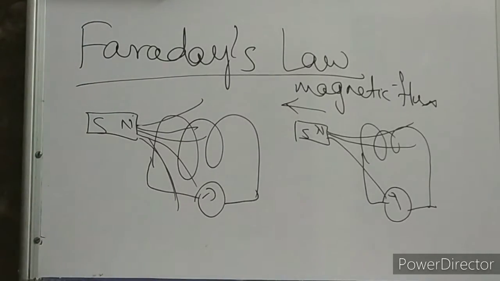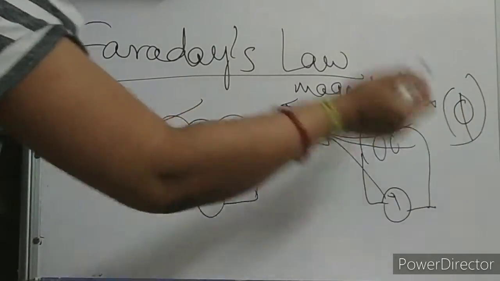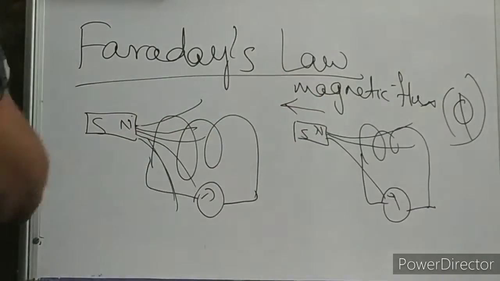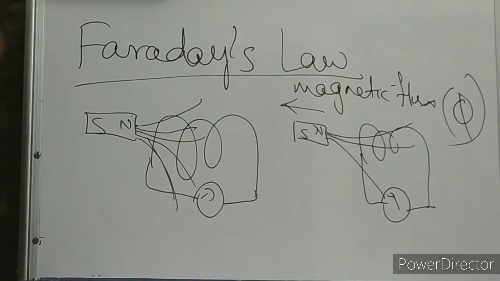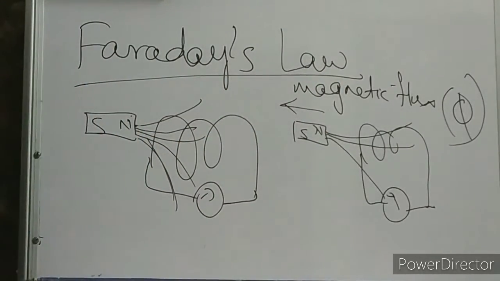All those things you will study in class 12, and the symbol is phi. So when both magnet and coil are at rest with respect to each other, magnetic flux is constant. That means your induced current is 0.